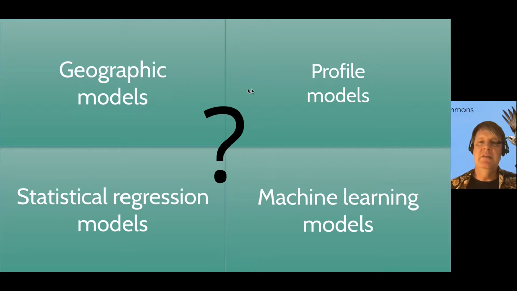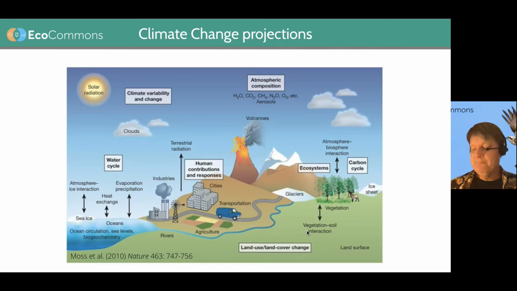Similarly, if your species really has a narrow environmental profile where it occurs, it has to be really wet, rainforest vegetation, and not too hot, maybe a profile model is all you need. But statistical regression models and machine learning models are kind of the next step in complexity.